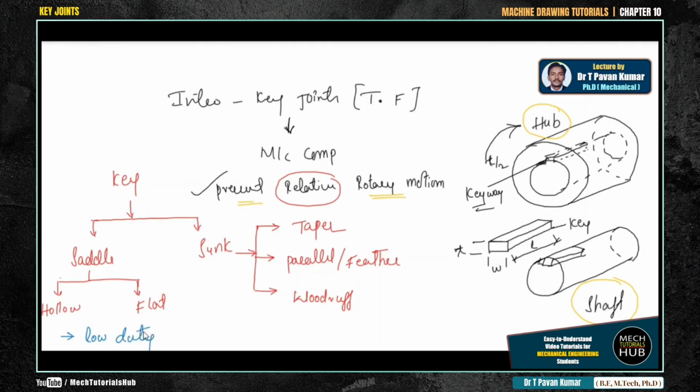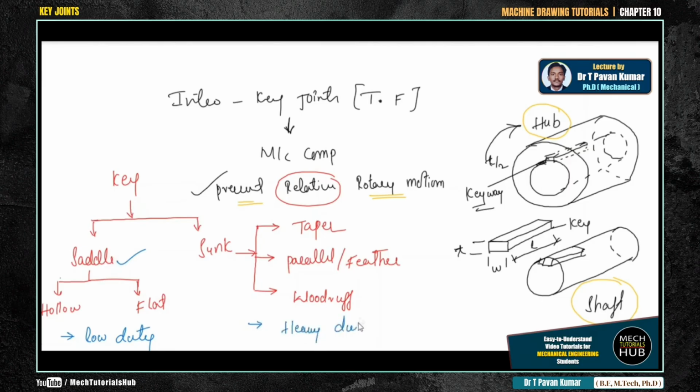Low duty means the loading conditions are not so high, maybe the pressures or forces which the elements are going to take are not so high. In such low load conditions, saddle keys are used, whereas sunk keys are used in heavy duty applications.